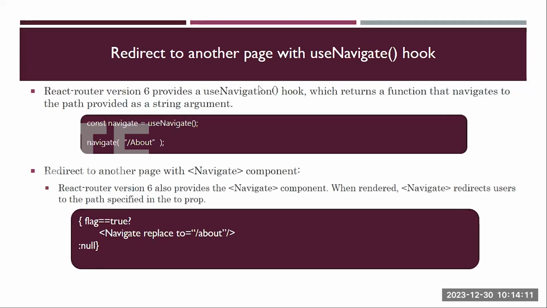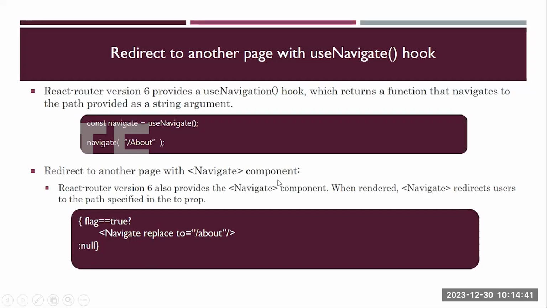In React Router version 6, the useNavigate hook returns a function that navigates to the path provided as a string argument. So here we need to create an object of useNavigate, and navigate is a method of that, and we need to pass the name of our component to redirect to.